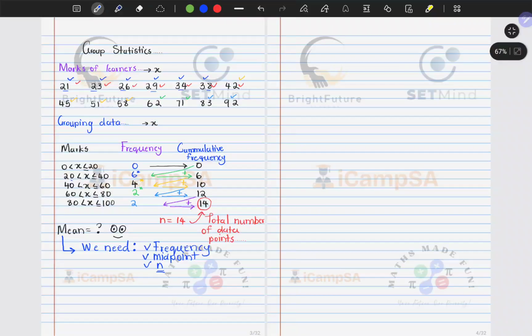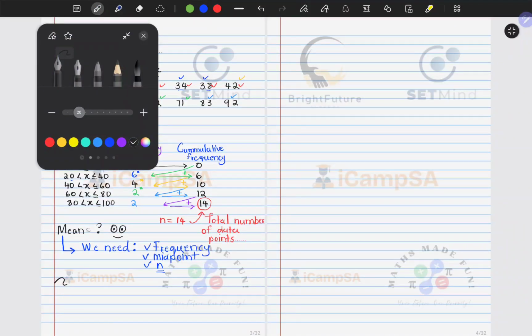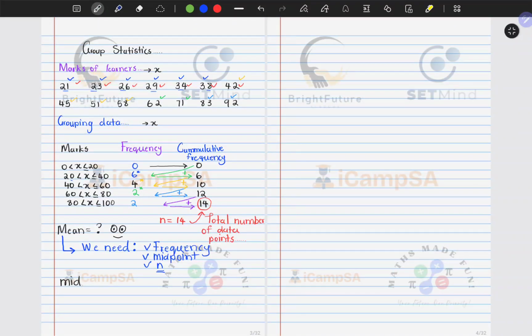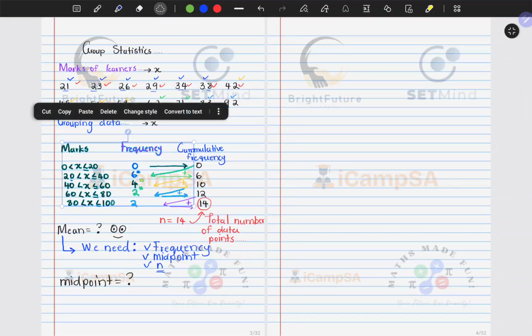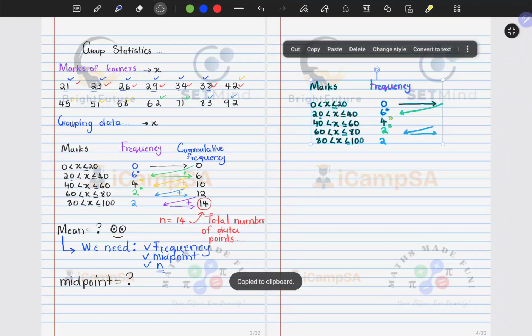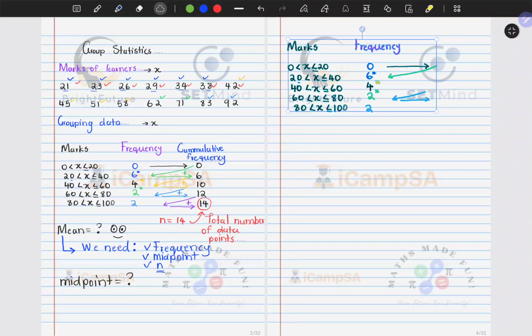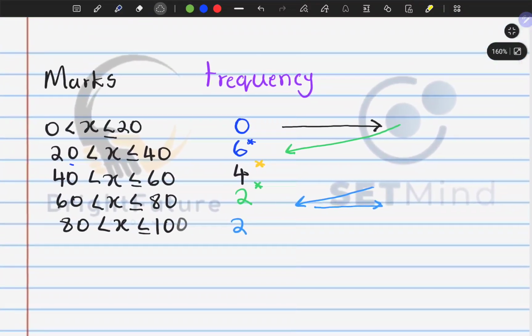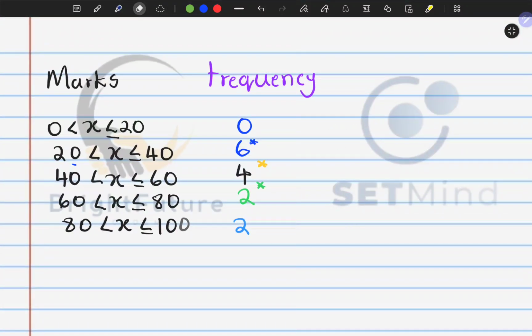Okay. So now let's go and deal with the midpoint. What is that about? Let me just focus on the frequency, and we go to this page here. What I'm going to do is quickly look for the midpoint. So this here is frequency.